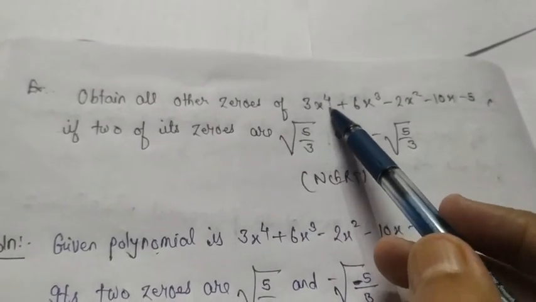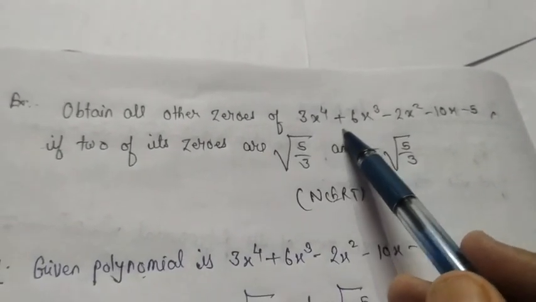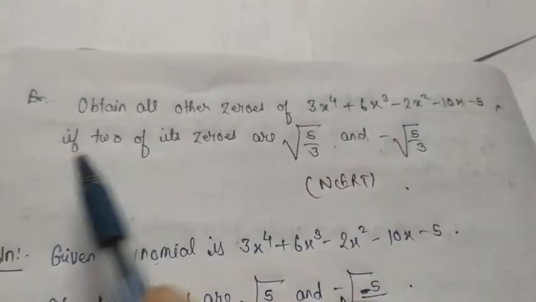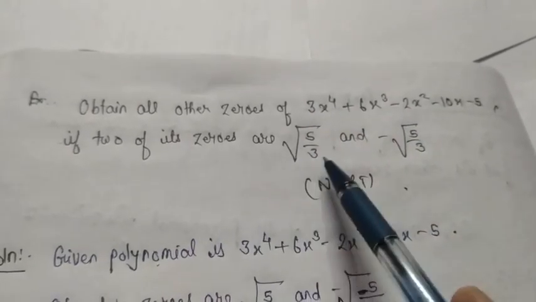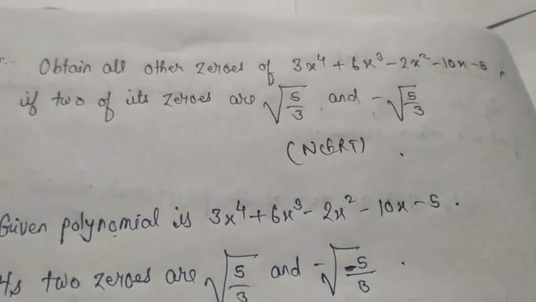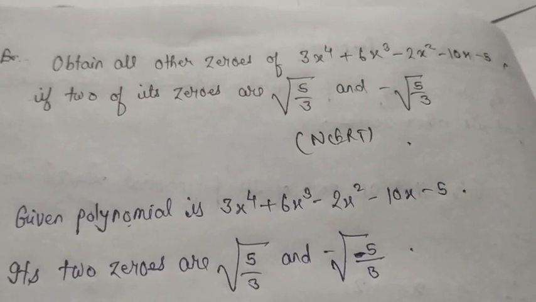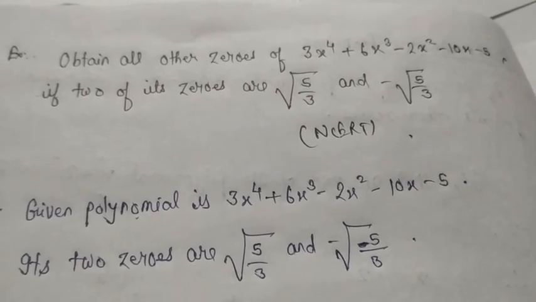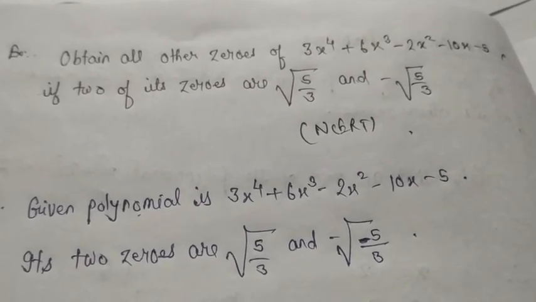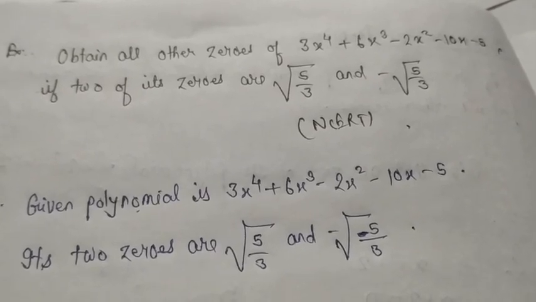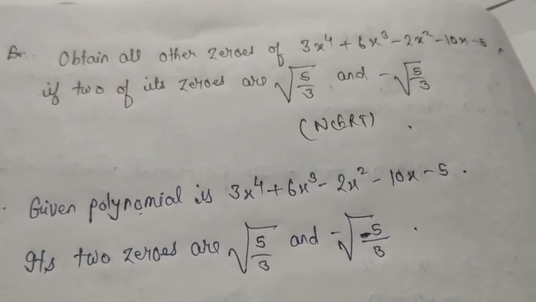See, the degree is 4, so this will be a biquadratic polynomial. And in this biquadratic polynomial, two zeros are given, under root 5 by 3 and minus under root 5 by 3. So you know, in a biquadratic polynomial, the degree is 4, so the zeros will also be 4. So out of 4 zeros, 2 are given: one is under root 5 by 3 and another is minus under root 5 by 3.